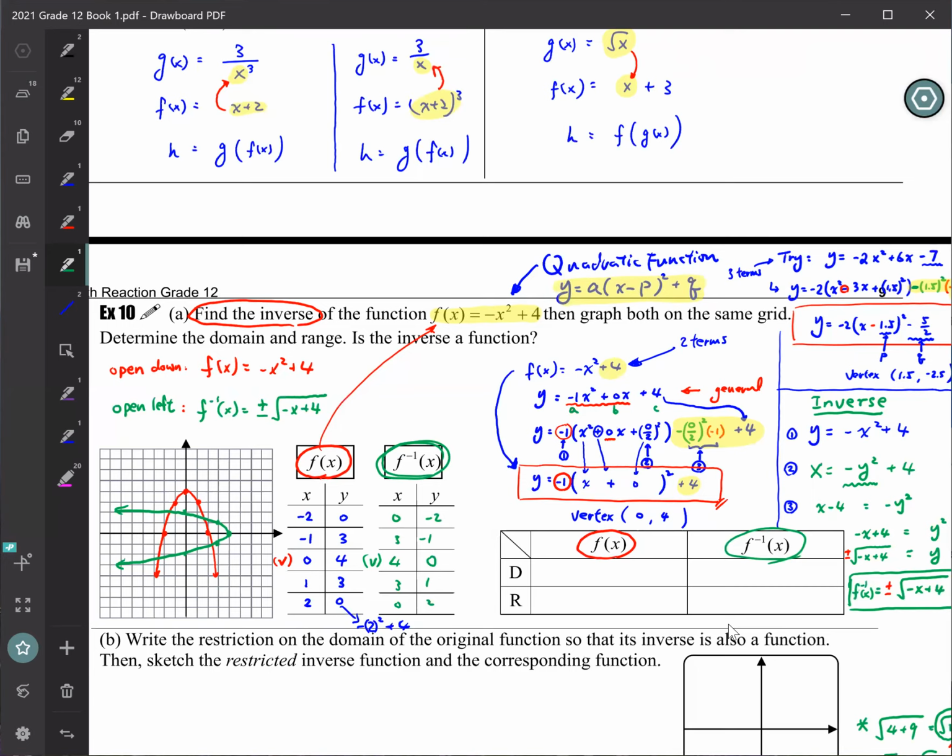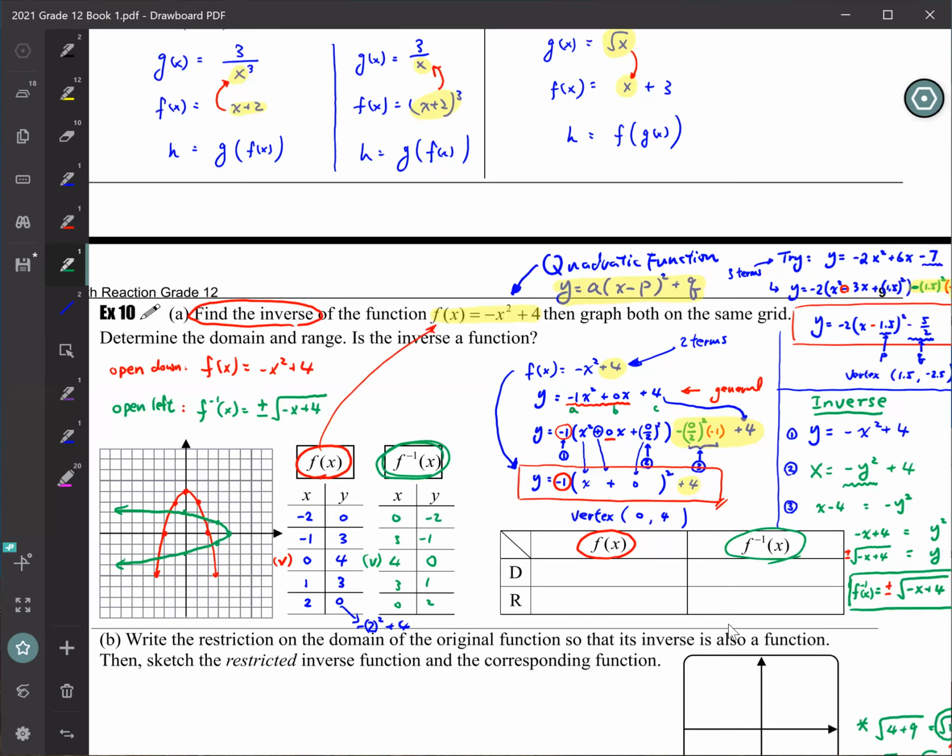And you can double check your answer with the graph, see if they match. Let's check the domain first.